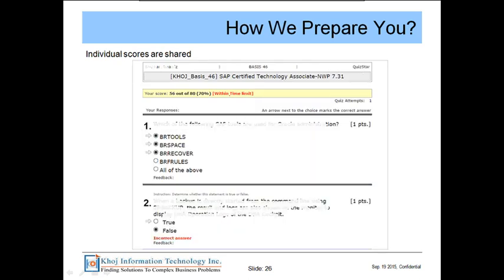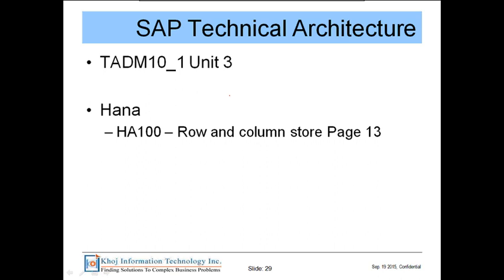Quick question: to get certified, what is the passing grade? They don't tell you what it is. But what they do tell you sometimes on the website, and you will see it, is for HANA certification, what they were showing at the point in time when you went to the website.